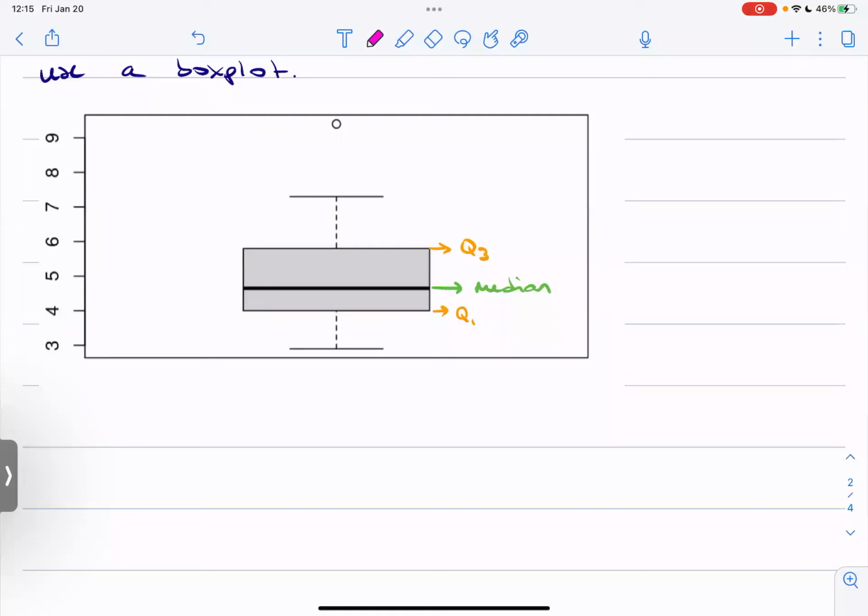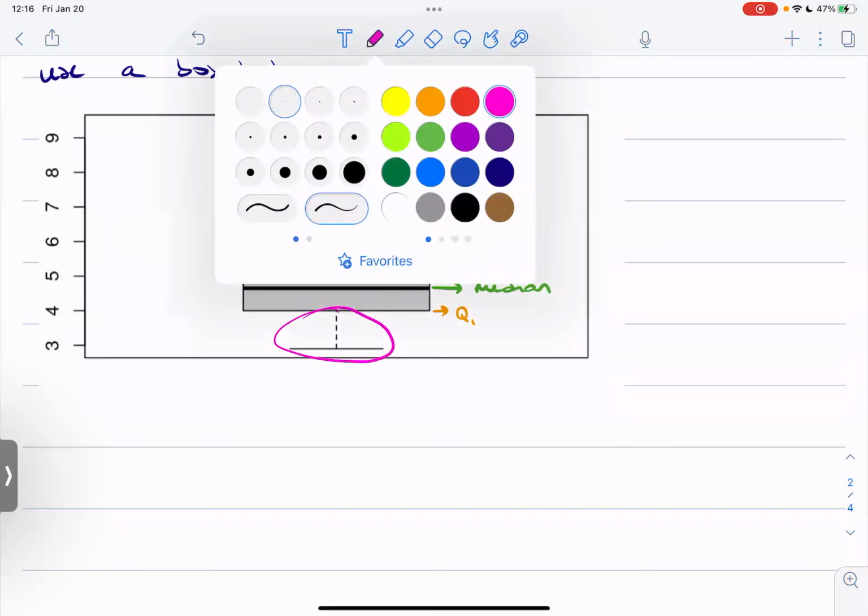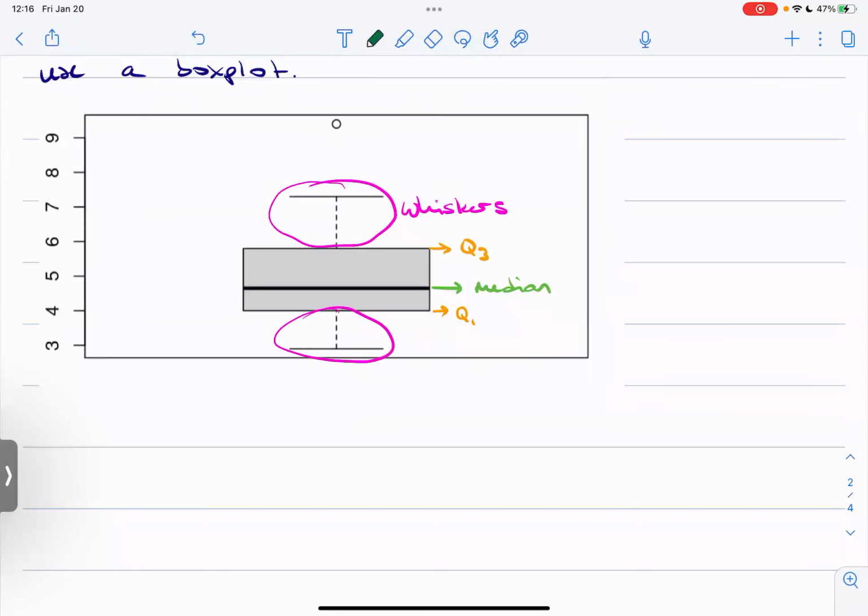Anything beyond those whiskers are considered outliers. And so here, these two are whiskers, which makes this little guy an outlier. And then same thing here. This distance is the interquartile range.